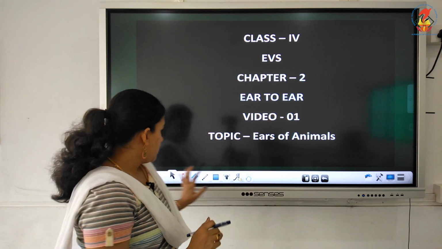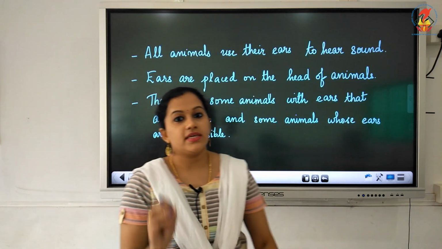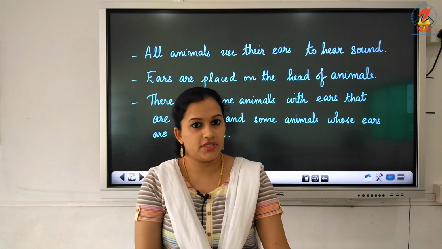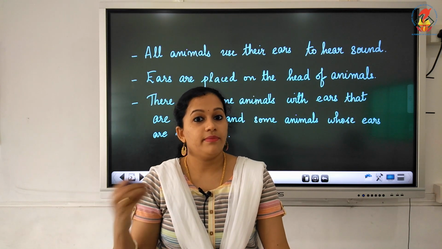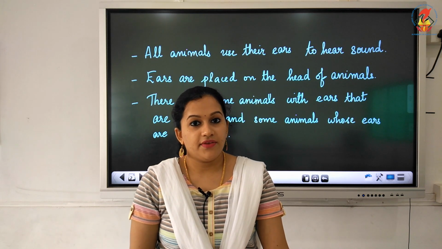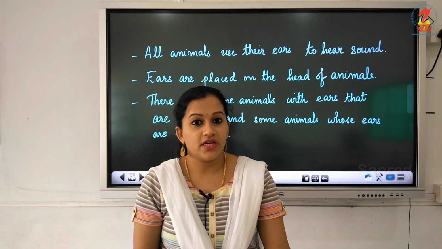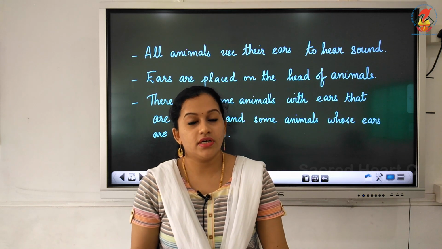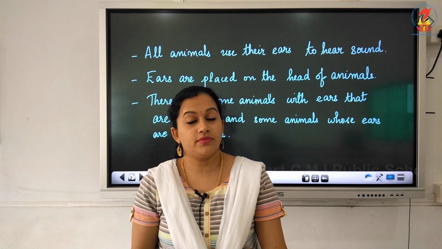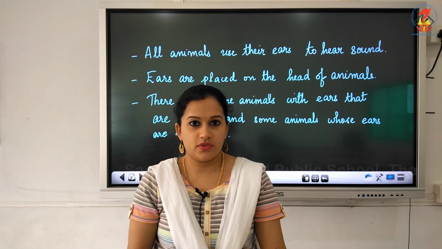So children, you all know that the ear is the sense organ that helps us to hear different sounds. Isn't it? You have been learning it from your lower classes. The same way human beings have ears which help them to hear sounds, animals also have ears which help them to hear different sounds.